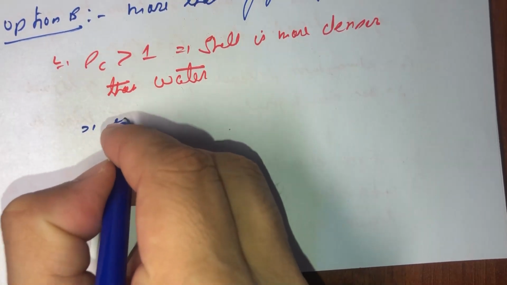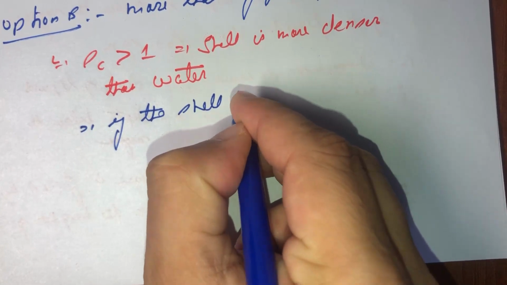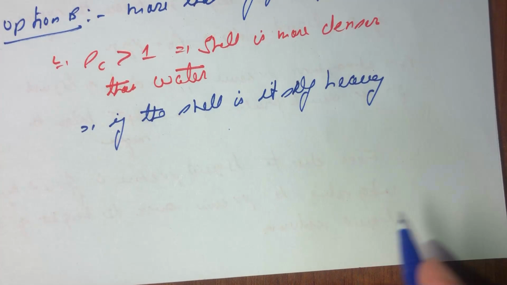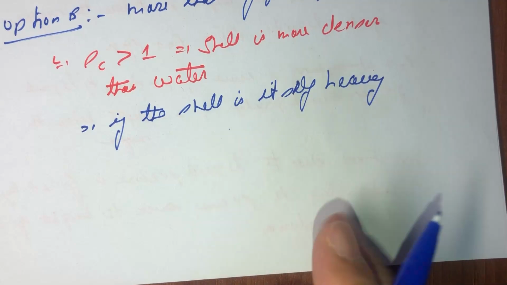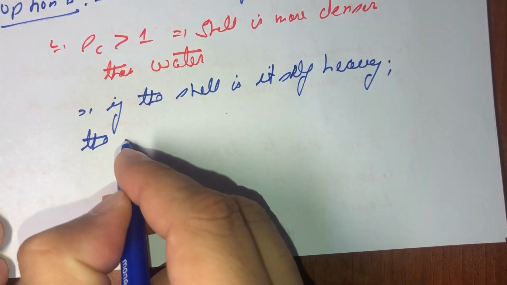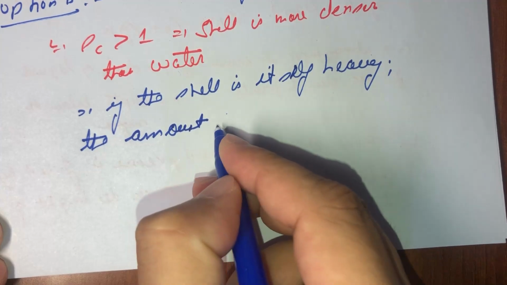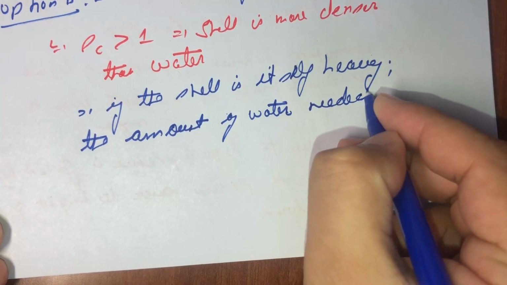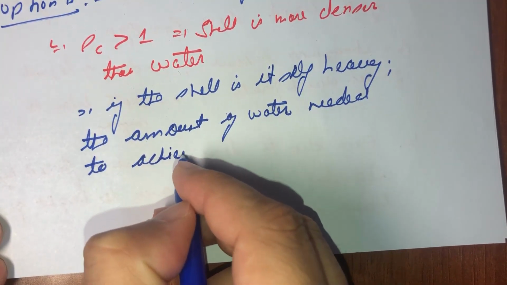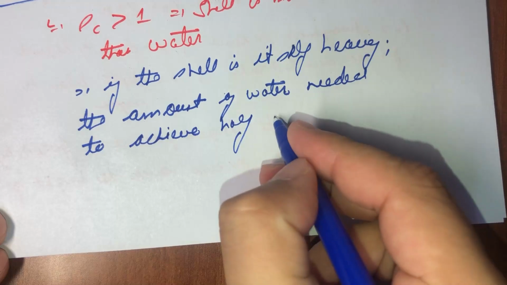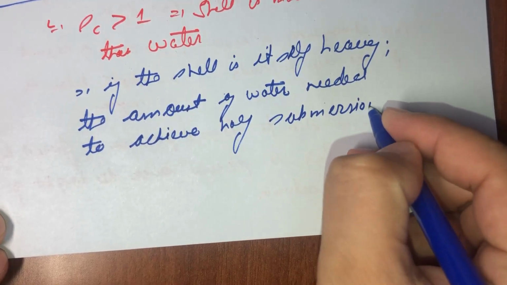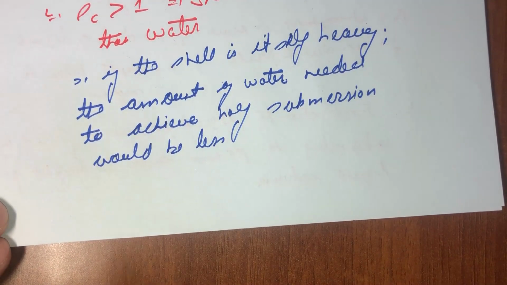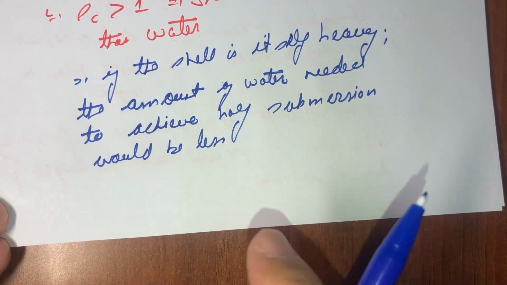Means if the shell is itself heavy, then the amount of water needed to achieve half submersion would be less, because the shell already compensates for the weight.